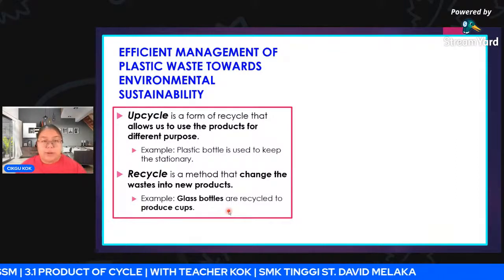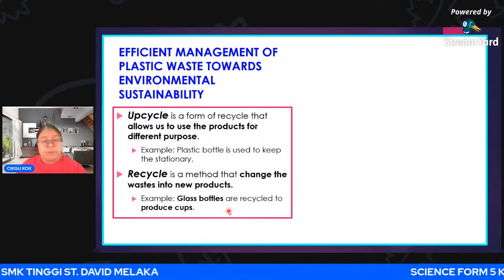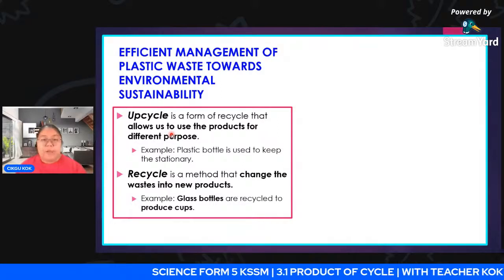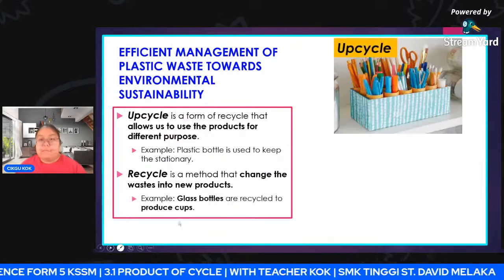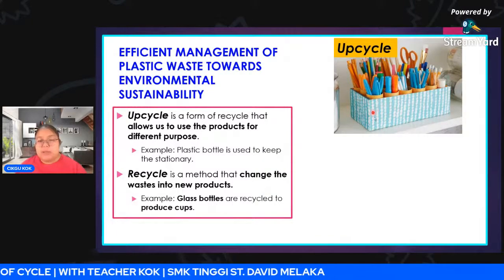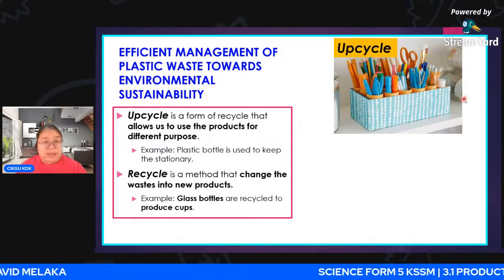Maybe you melt it, heat it, change the shape, then it becomes a cup. But upcycle is to use the object straightforwardly. Maybe you just cut it, and after that you can produce another object. Now you can see the example. This one we call upcycle. Then you can see they're using boxes, all the rolls, and changing them to become a pencil case.